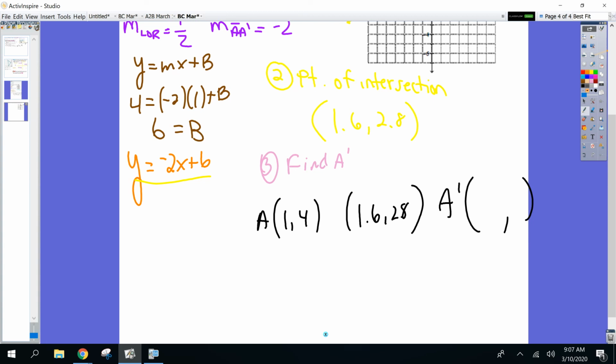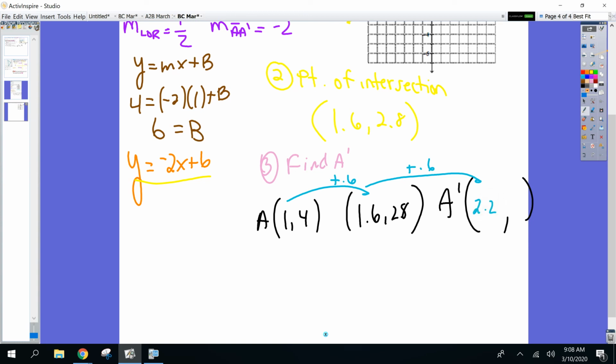All right, here we go. X coordinate first. You're going from 1 to 1.6. Talk to me. Plus 0.6. And I do it again because we're right in the middle right now. So I add 0.6 again. And where am I going from here? 2.2.